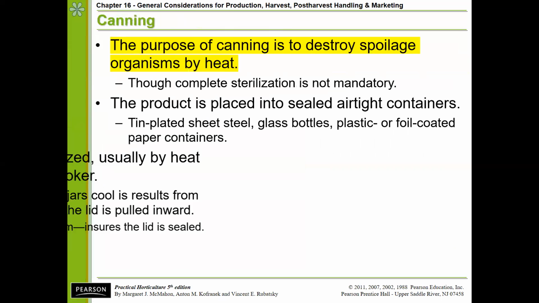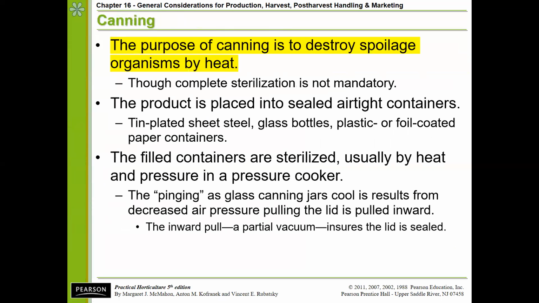Got any canners out there? Canning, of course, is also a way to remove spoilage organisms, and we do that through heat. But in doing so, you're also cooking a little bit and altering the form of the produce.